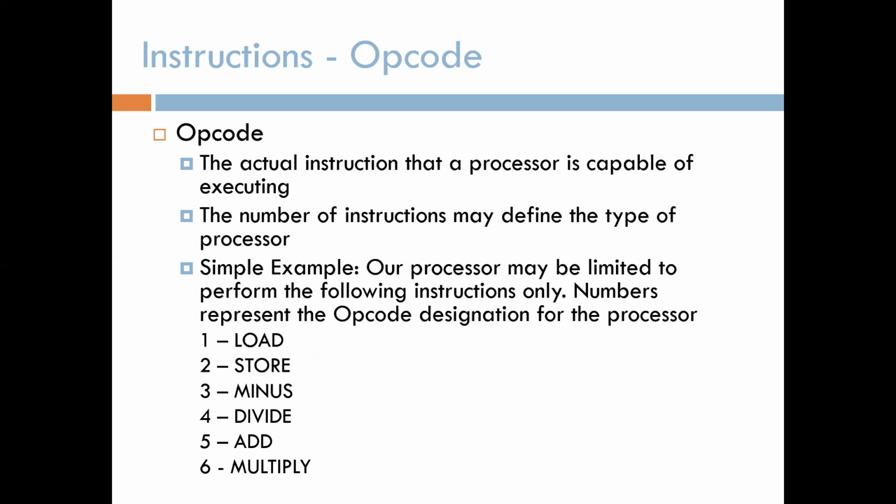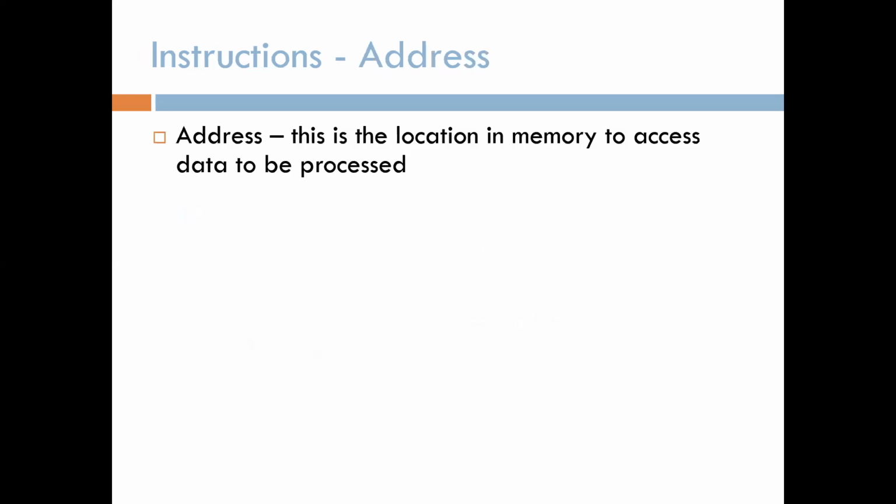Our instruction would have, as the first part of it, the opcode, and you would see a designation of 1 to 6 in our simple example. The address is the location in memory to access data to be processed. So we are going to do some operation on some data.